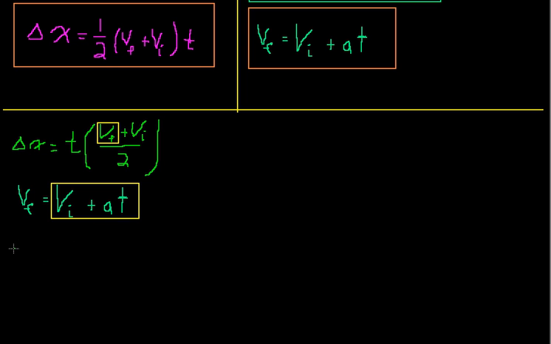Then we get that delta x, or the change in x, is going to be equal to t times Vi plus at. Oh wait, I meant to do that in another color, so let me erase that.